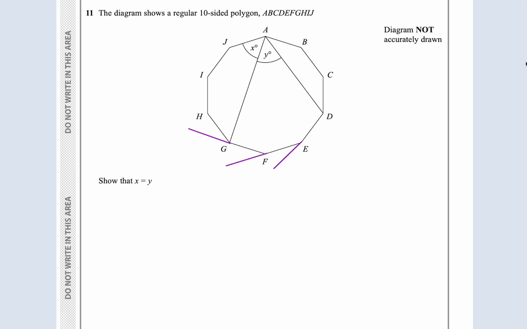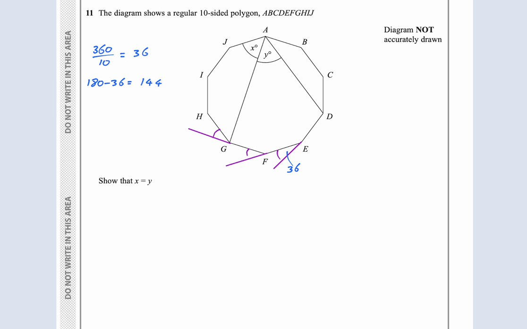So these angles here are all the same, and we can find them quite easily because it's 360. The exterior angle is 360 divided by the number of sides, divided by 10, which is 36. So this angle here is 36. Okay, what we can also do is say 180 minus 36 is 144.